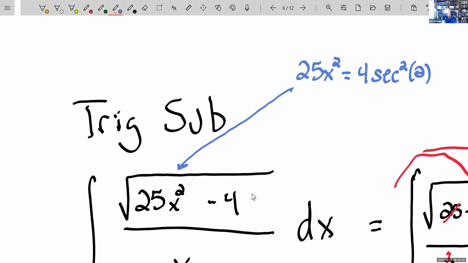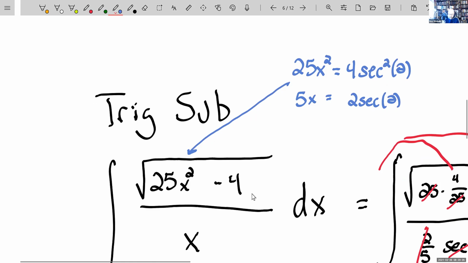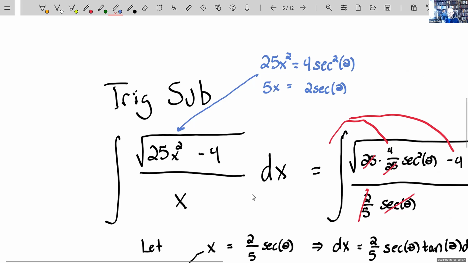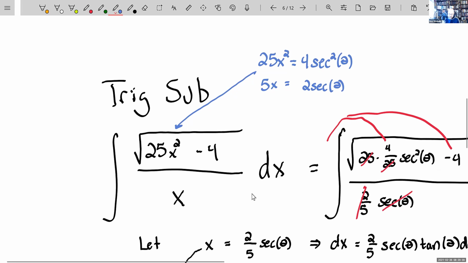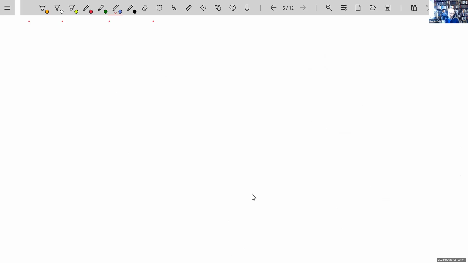But then when you do that, 5x is equal to plus or minus 2 secant of theta. However, the secant of theta is going to be positive or negative, so that's just going to fold into that. So there we go. Okay. So from this point forward, I'm probably going to do my x substitutions that way. That's just to give you a heads up.